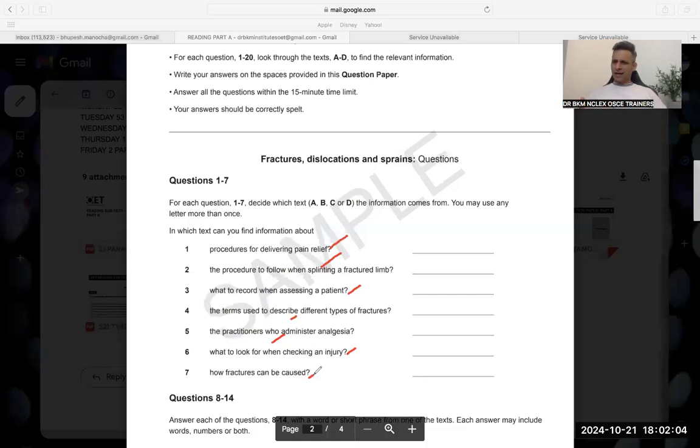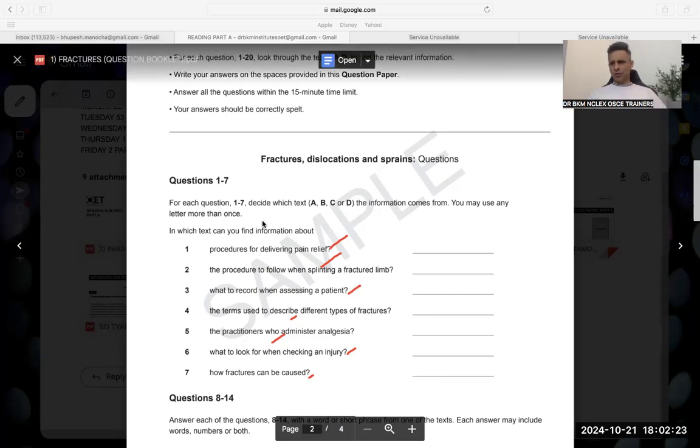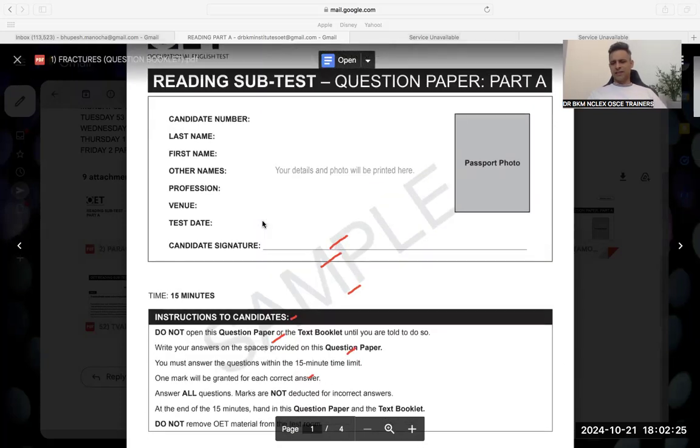Obviously I can't remember all the things in the final exam, but now I know the topic is pain relief, fractured limb, assessing a patient, different types of fractures, so the topic is related to fractures. Then practitioners who administer analgesia, what to look for when checking an injury. So I have almost taken the estimate of what my reading has come today.